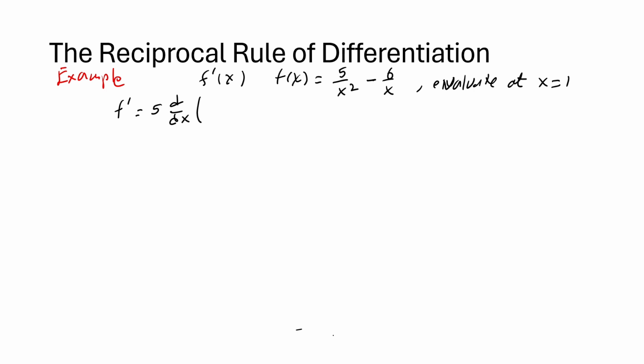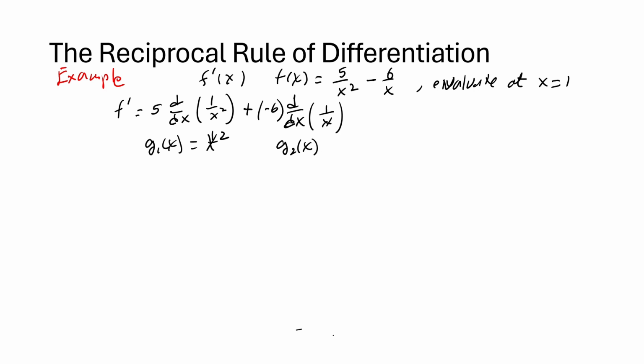We just took the 5 out, 1 over x squared. Now we've got minus 6 times the derivative of 1 over x. I just factored out the minus 6. So in this case, our g1 of x is just x squared, and our g2 of x is just equal to x. So using the reciprocal rule now to do this.